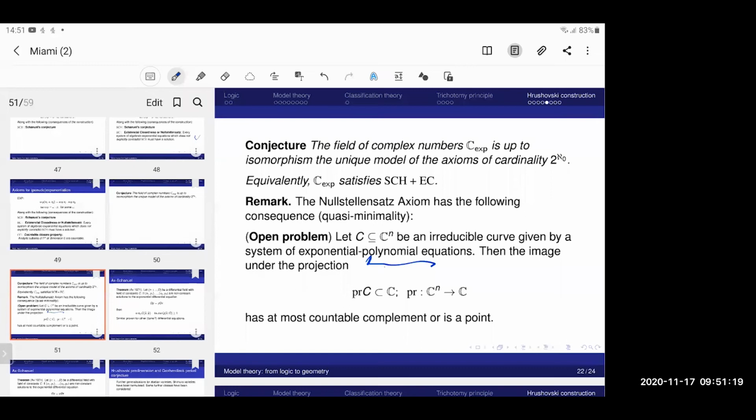So it has at most countable complement. Or it could be just a point, of course, it could project just into one point.